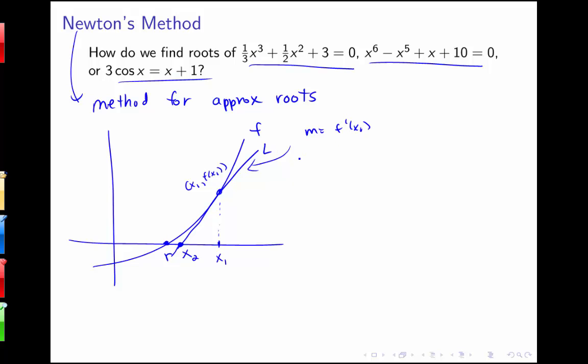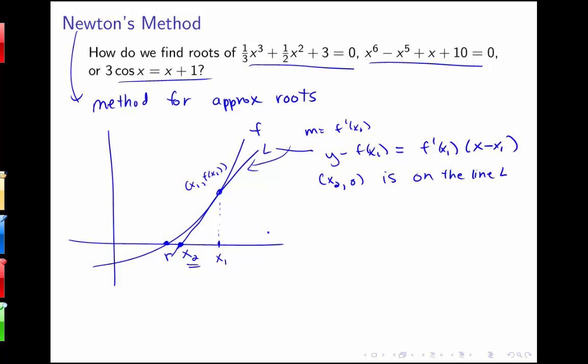So I could talk about this line L having equation y minus f of x1 equals f prime of x1 times x minus x1. Then I'm interested in this point x2 where this line crosses my x-axis. So if this is my line, the point x2 comma 0 is on the line L, the way we've labeled this.